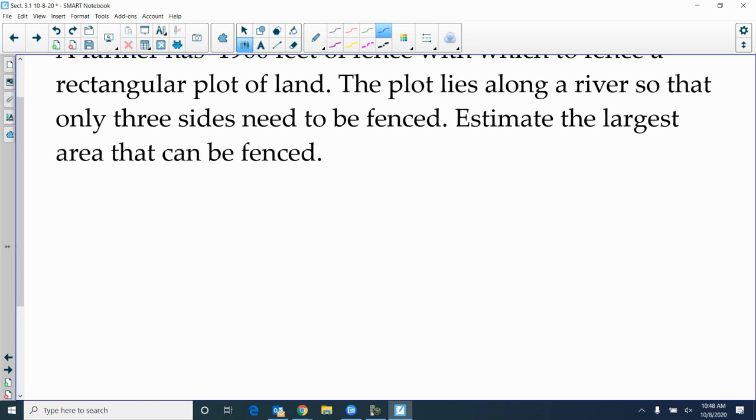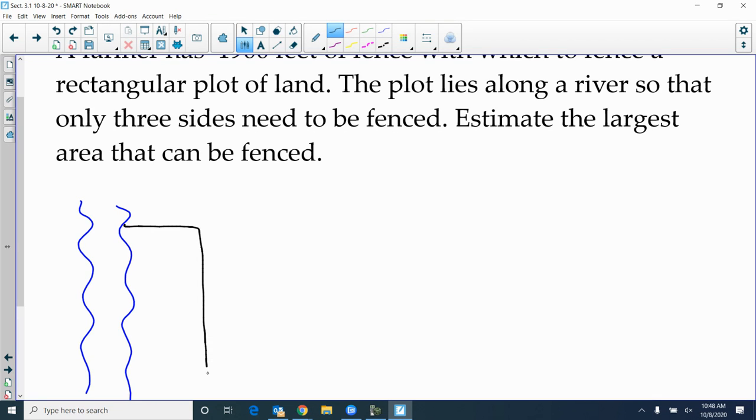Here's my river. Area equals length times width.